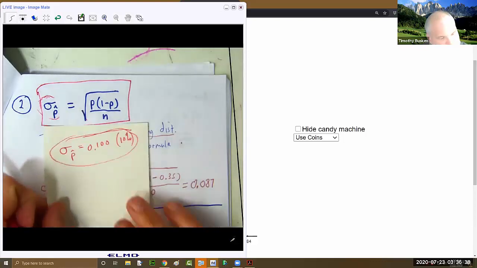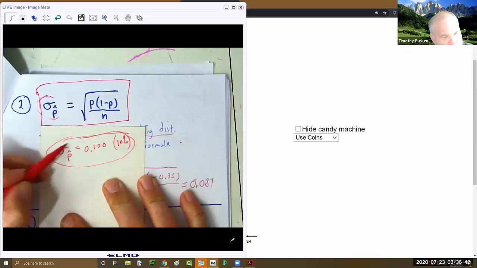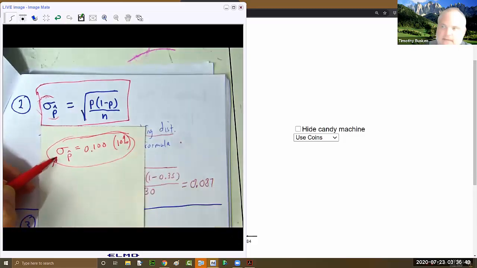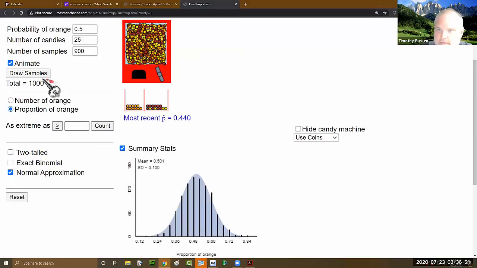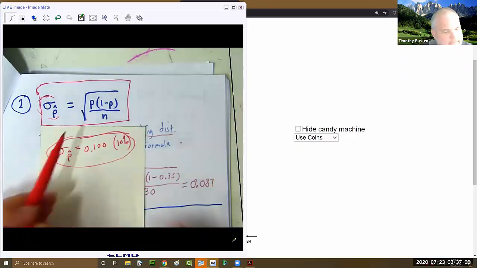If you go over to the central limit theorem, it tells you another way to find this number, or a good approximation of it. Instead of finding the standard deviation of the entire 1,000 sample percentages, you could just use this formula right here.